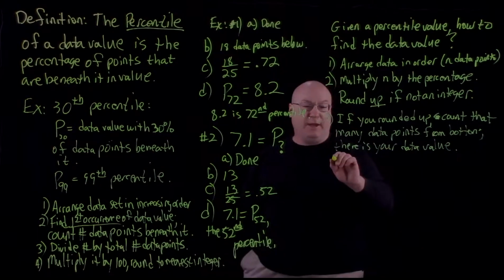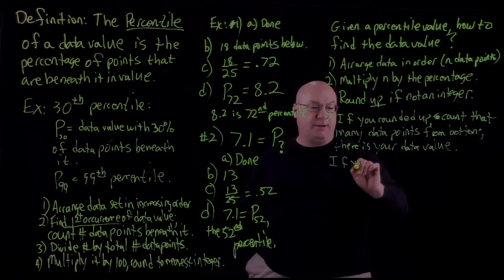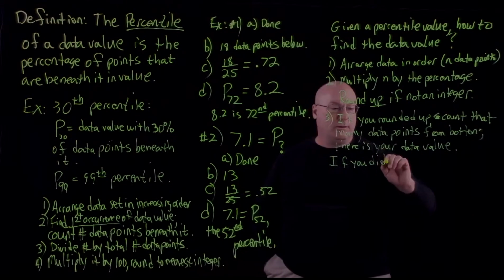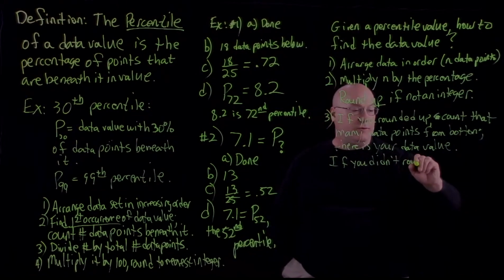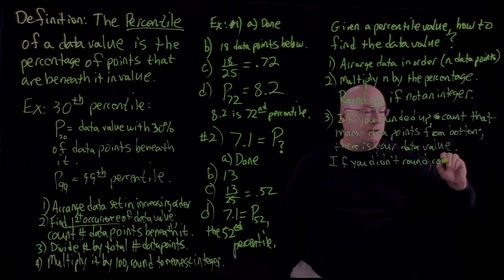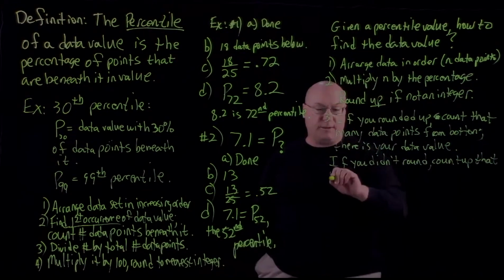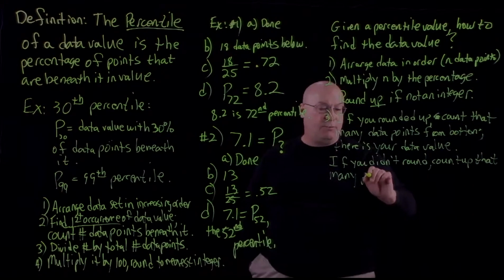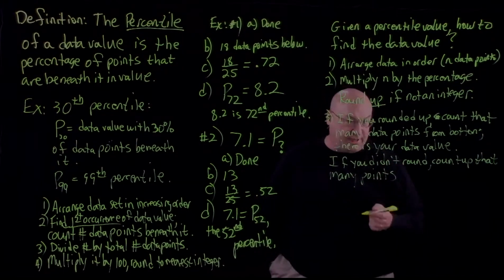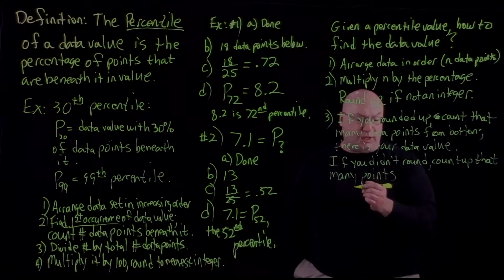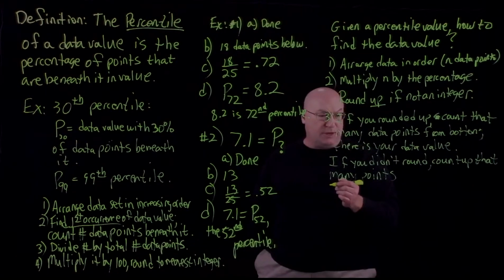All right? What if you didn't round? If you didn't round, count up that many points, and you'll get to that value, but that's not going to be your percentile.